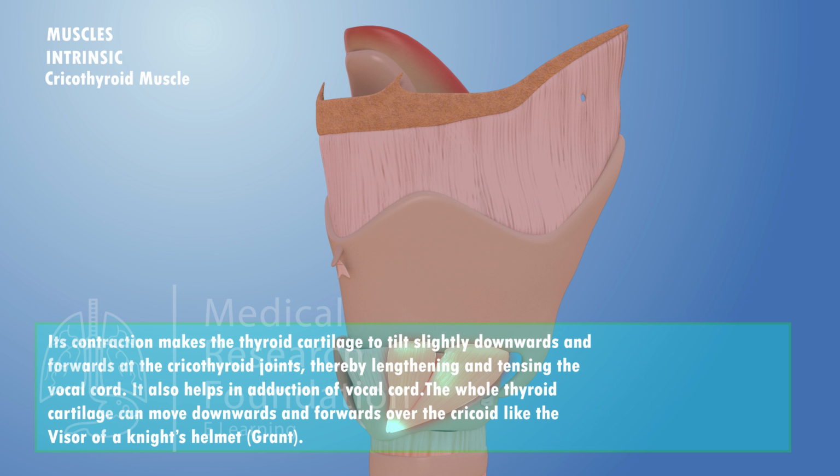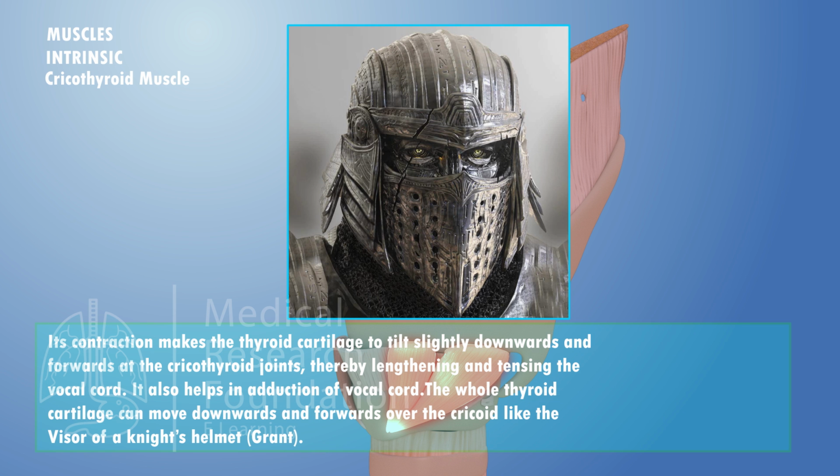Its contraction makes the thyroid cartilage tilt slightly downwards and forwards at the cricothyroid joints, thereby lengthening and tensing the vocal cord. It also helps in adduction of vocal cord. The whole thyroid cartilage can move downwards and forwards over the cricoid like the visor of a knight's helmet.